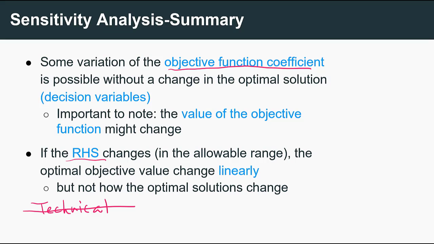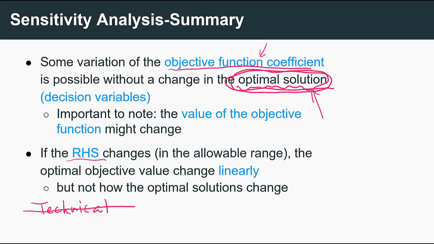And we did cover if there's a change in the objective function coefficient, then you can tell, based on the sensitivity report, what's going to happen to the optimal solution. However, just based on the sensitivity report, you cannot directly tell what's the change to the objective function value.